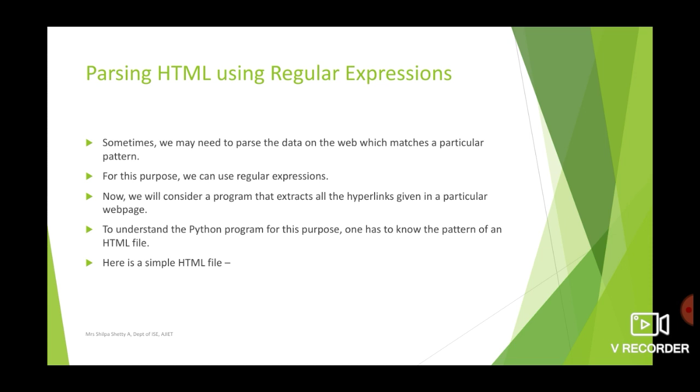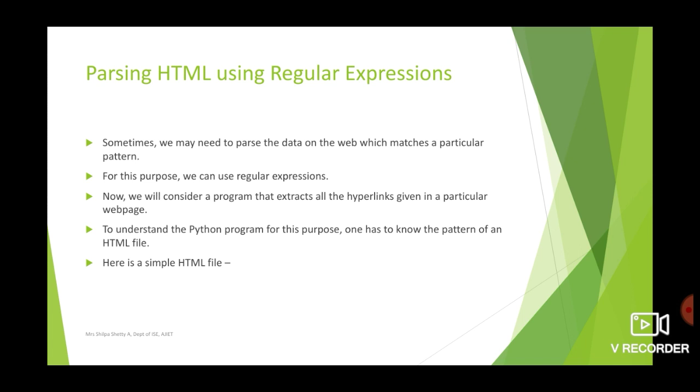Now let us consider a program that extracts all the hyperlinks given in a particular web page. You know what hyperlinks are, right? From a web page, if you have to go to another web page, a link will be provided, and that is called a hyperlink.